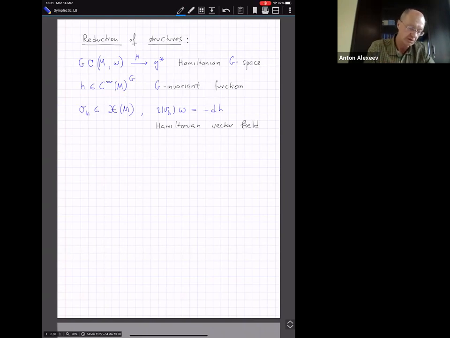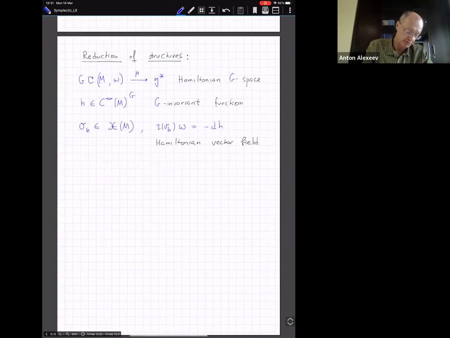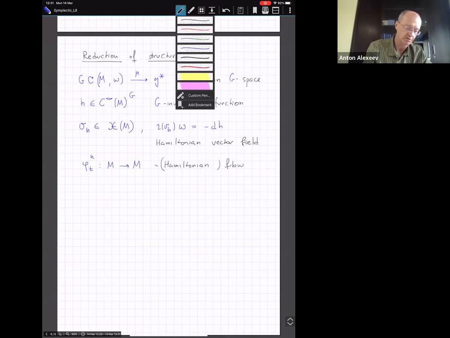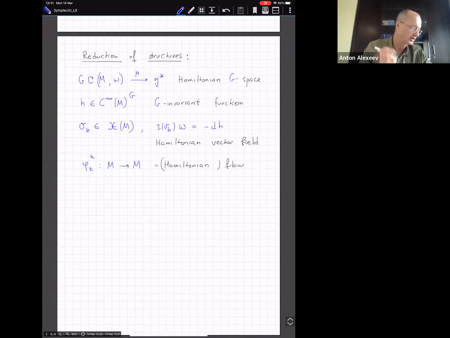And we're looking at the corresponding dynamical system. So phi t of h, M to M, is a Hamiltonian flow of the equation m_t dot is equal to V_H of m_t.